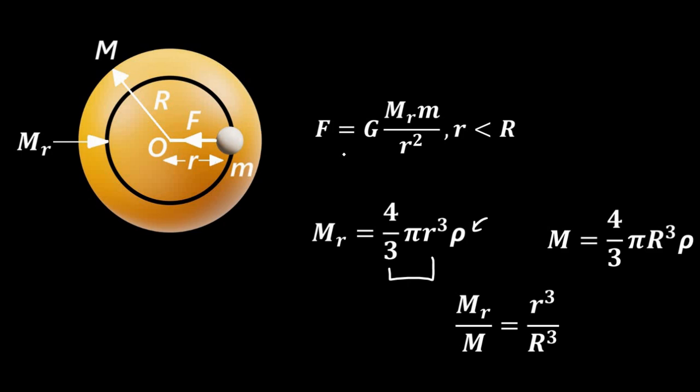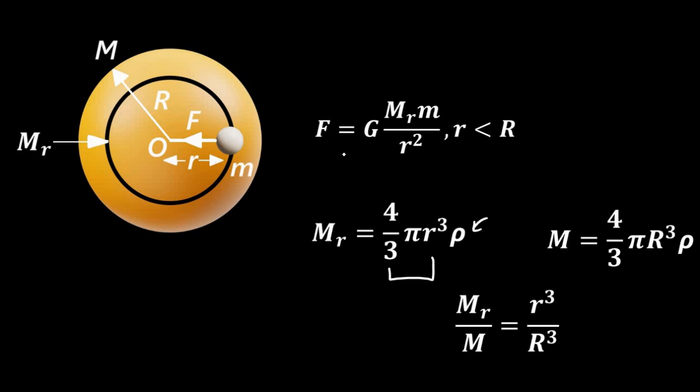Okay, and the gravitational force between the point mass and the mass of the inner sphere is given by F is equal to G m subscript r m by small r square, because the entire mass is visualized to be concentrated at the center for this inner sphere.